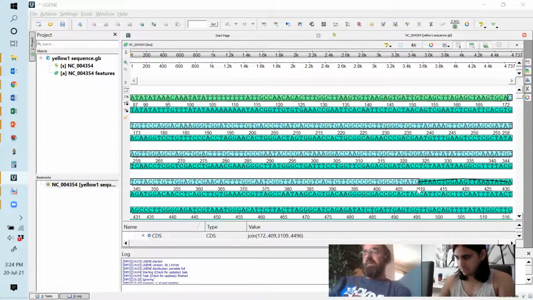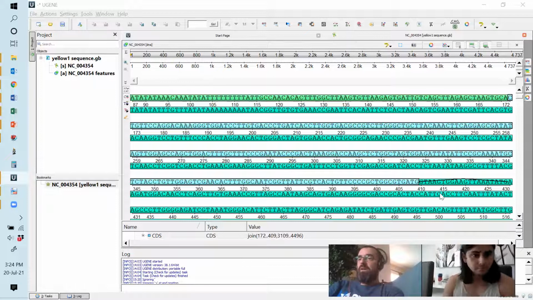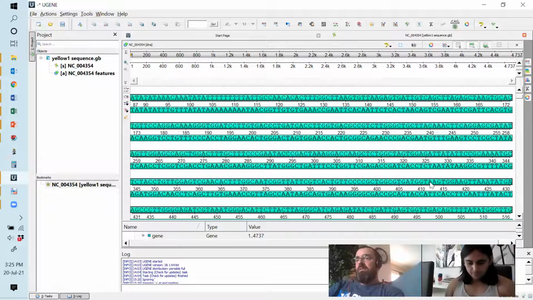And now this is actually kind of neat. Remember, we were talking about splicing, and the splice site is always GT-AG, GT at the beginning of the intron and AG at the end. What do we have? We have a GT.